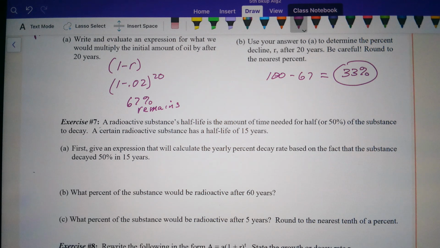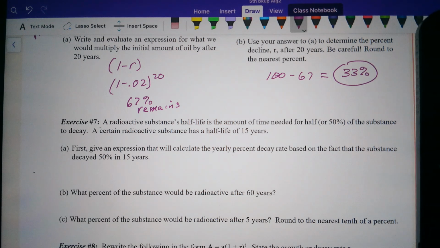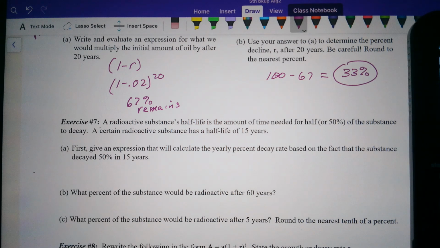Number 7, a radioactive substance. Half-life is the amount of time needed for half, or 50%, of the substance to decay. A certain radioactive substance has a half-life of 15 years. First, give an expression that will calculate the yearly percent decay.